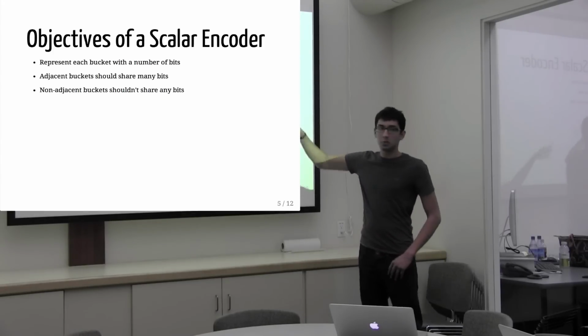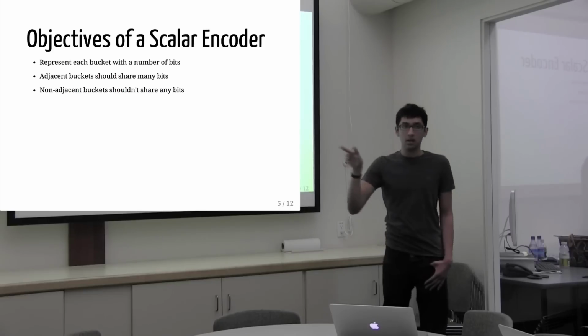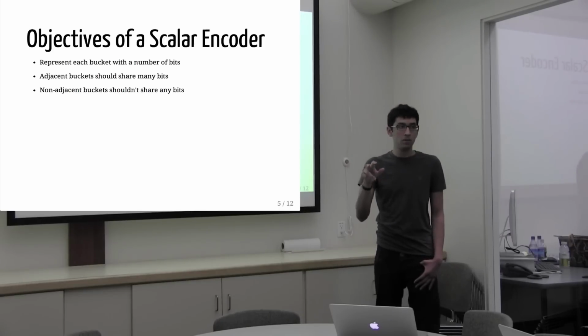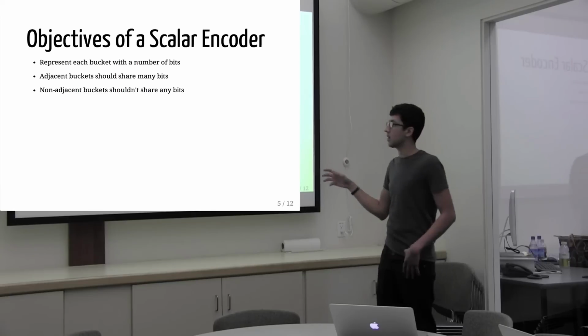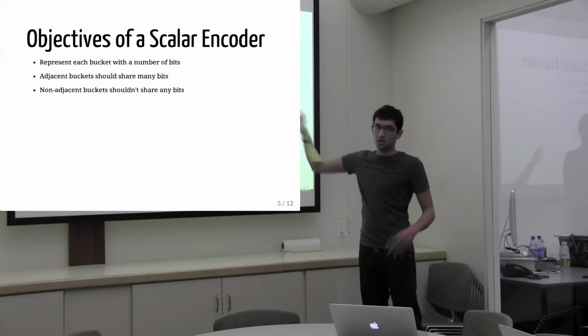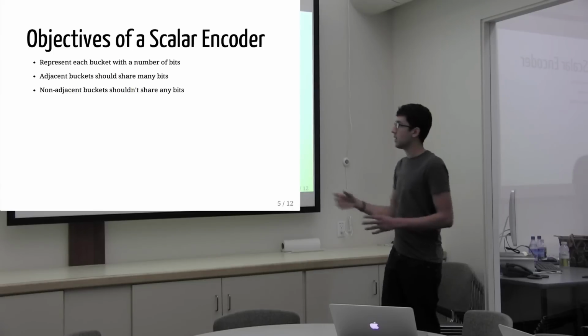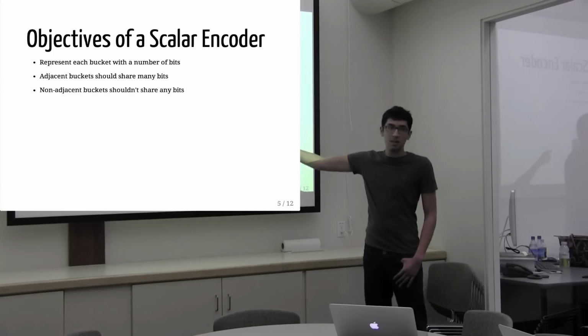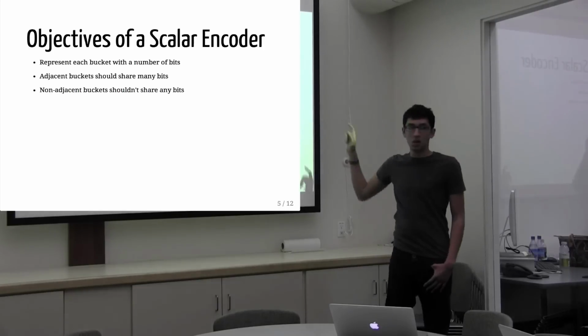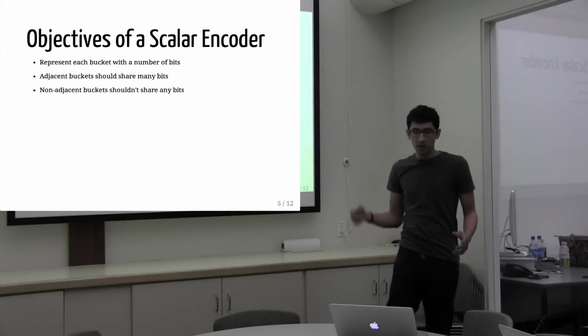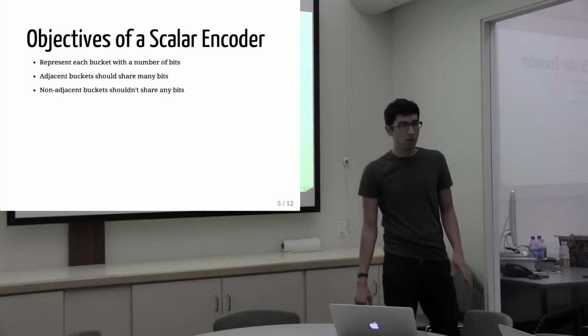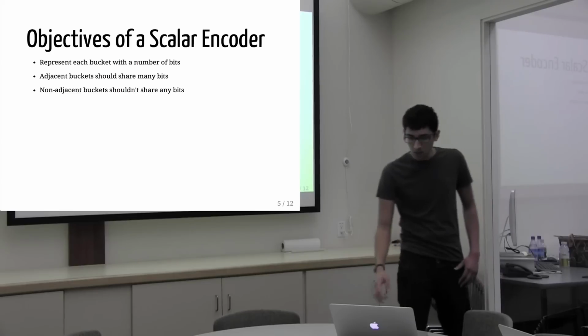Because conceptually 2 adjacent scalars have more similarity than 2 non-adjacent scalars, you want adjacent buckets to share many bits. Buckets are basically a bucket of scalars that is being represented. And you want non-adjacent buckets to not share any bits. That way the spatial pooler can learn the correct representations.